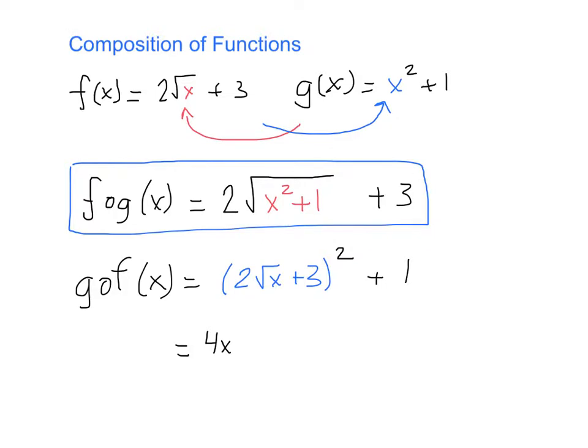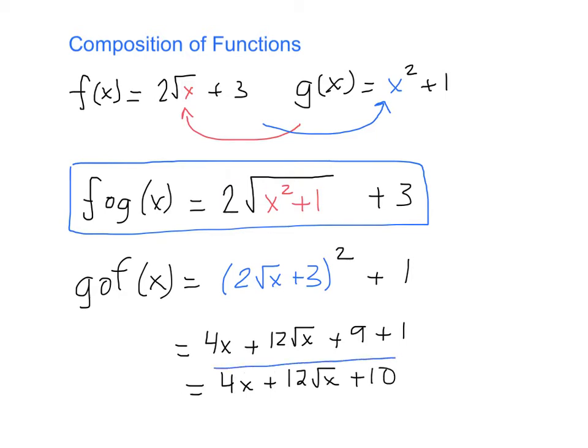Plus 12 square root of x. That's 2 square root of x times 3 plus 2 square root of x times 3, which is 12 square root of x. And then plus 9 plus 1. So you might also see this answer written as 4x plus 12 square root of x plus 10.